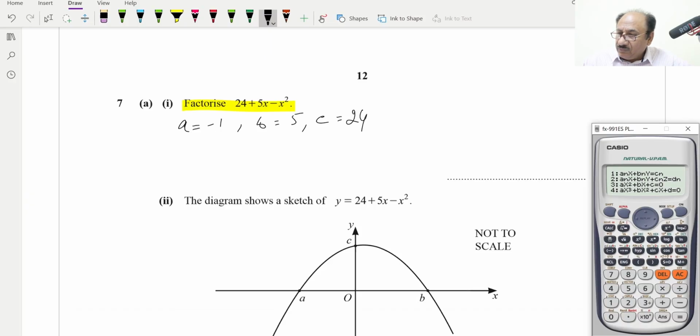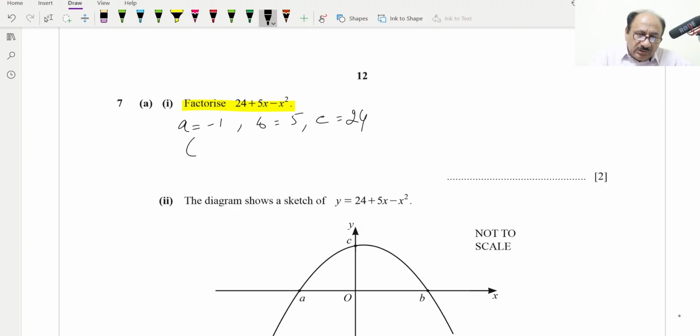Mode 5 3, and this will be A is -1, B is 5, and C is 24, and these values are 8 and -3. So we can write x plus 8 and x minus 3, and basically we'll be taking minus x and plus 3 over here, and if you multiply these two, you will get this equation.